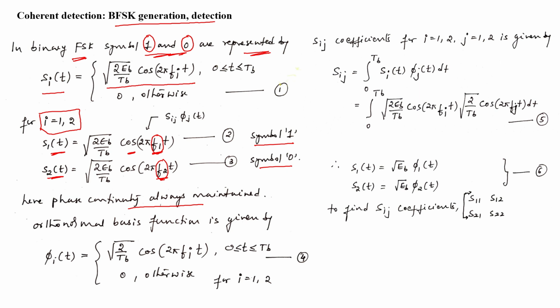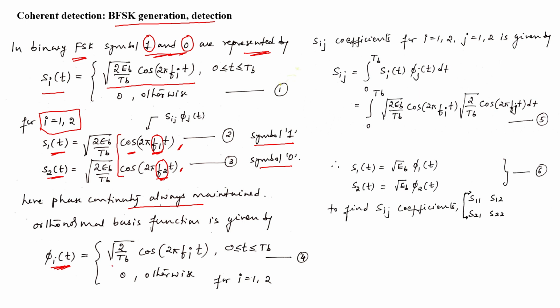Based on these equations, we can write the orthonormal basis function. Observing equations 2 and 3, we see the cosine term is common.